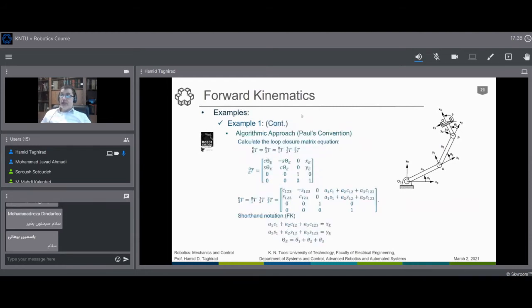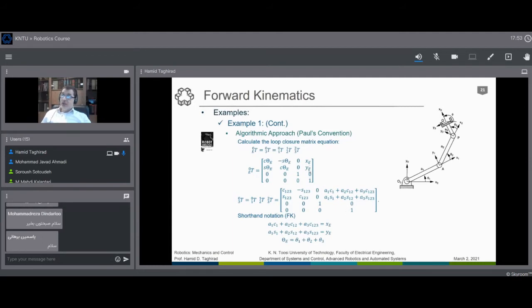In a matrix form, as you see in this example, the non-zero elements will give you the forward kinematic case. Usually we have 3 position vector equations making equivalent to the position vectors here.